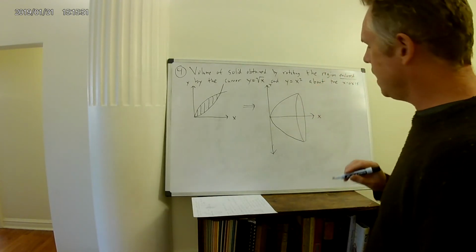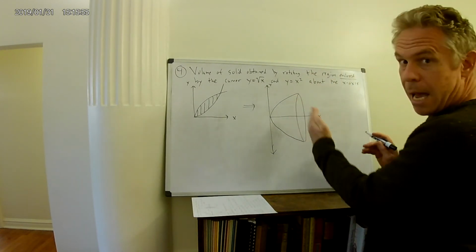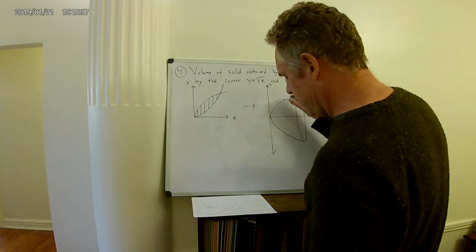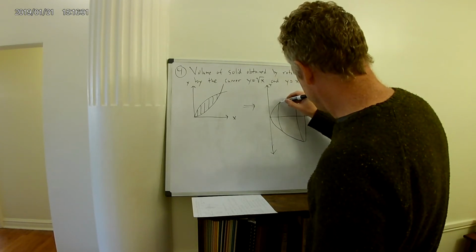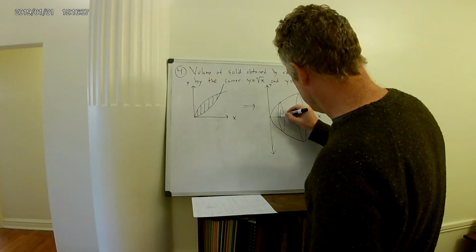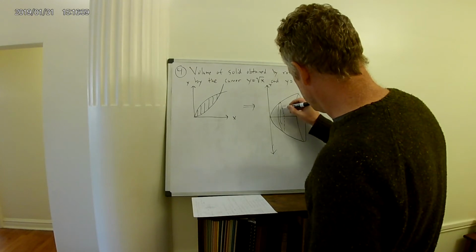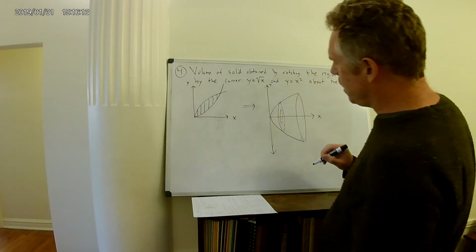Okay, but then if we draw a cross-section, let's consider a cross-sectional slab of this shape. And so this is going to look like this. The thing is, this shape will be... Ooh, I'm not drawing this correctly. This shape will be a washer shape.